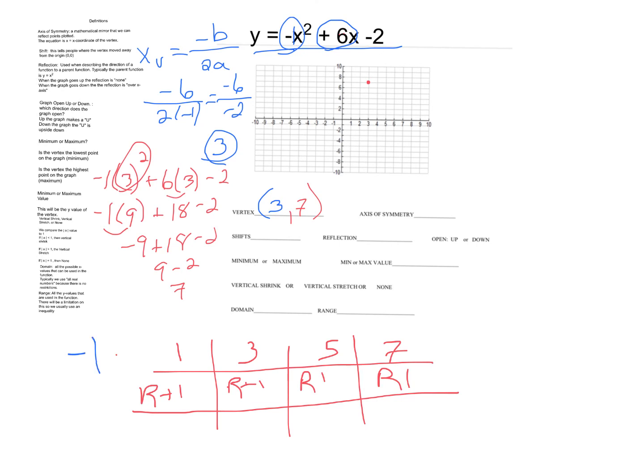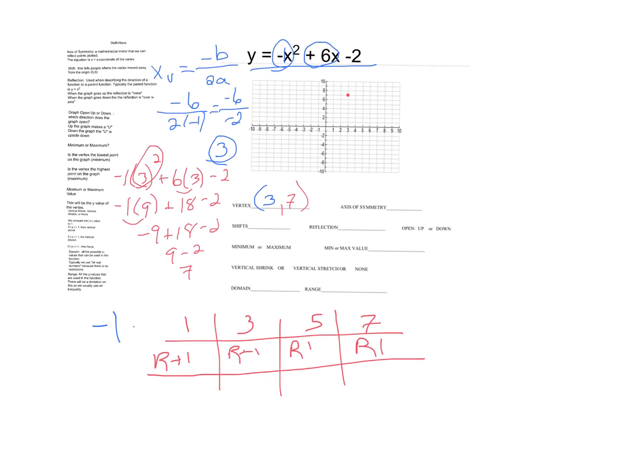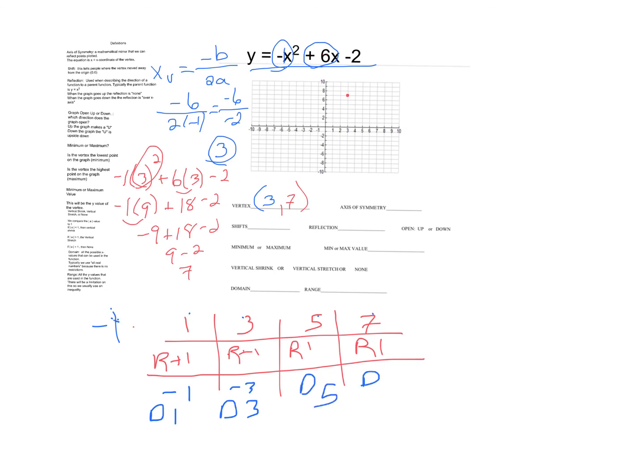So when I do this, -1 times 1 is -1, which means we're going to go down 1. -1 times 3 is -3, so down 3. -1 times 5 is -5, so down 5. -1 times 7 is -7, so down 7. Okay, so this is how my parabola moves.